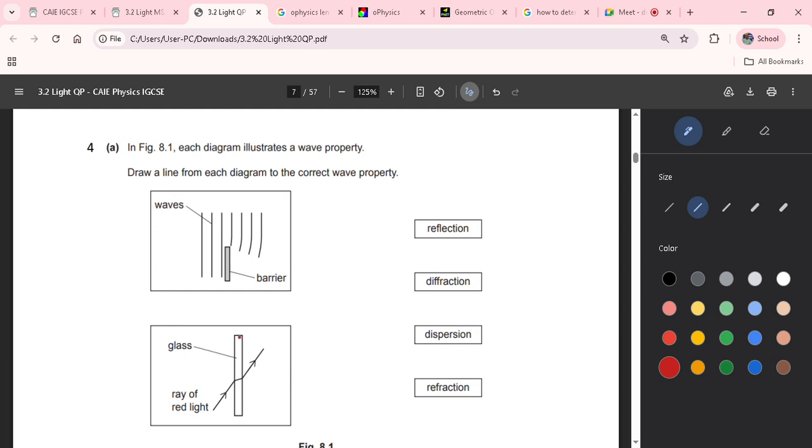In figure 8.1, each diagram illustrates a wave property. Draw a line from each diagram to the correct wave property. Yeah, what do you think? This one, is it reflection, diffraction, dispersion, or refraction? Picture number 1.